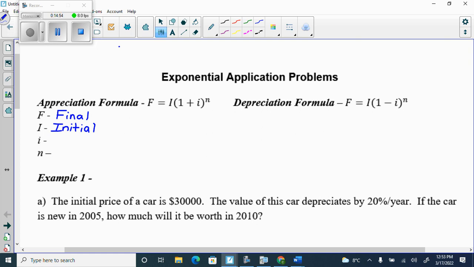Little I is the interest rate but it's in decimal form. So if it's 3%, you would put it in as 0.03, sorry. Because you just take whatever it is and divide it by 100, right? And then you have decimal form. And n is the number of years.